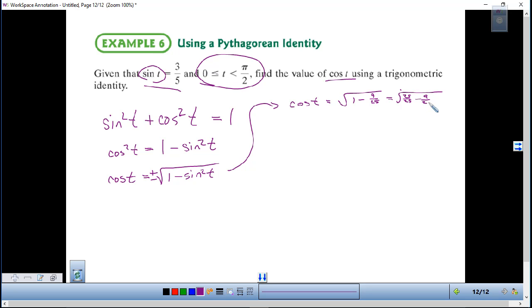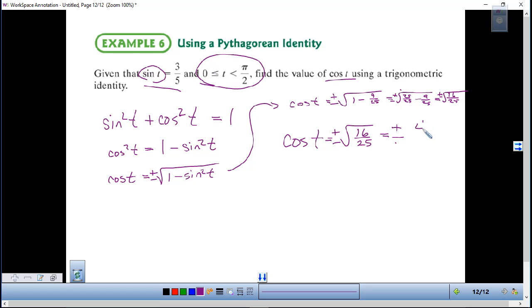And I do 25 minus 9, which is 16, over 25. So cosine t equals the square root of 16 over 25, and this is plus or minus still. I need my plus or minuses all the way through so I don't forget them.